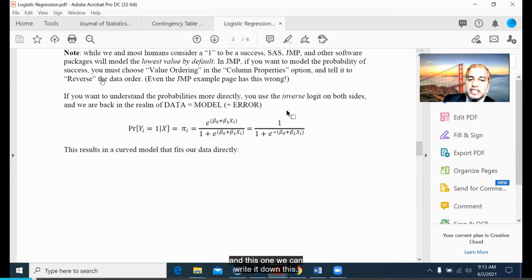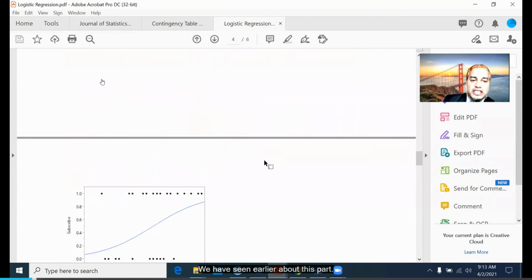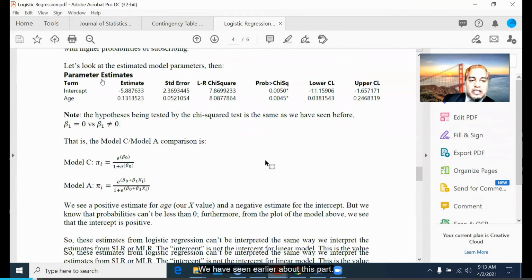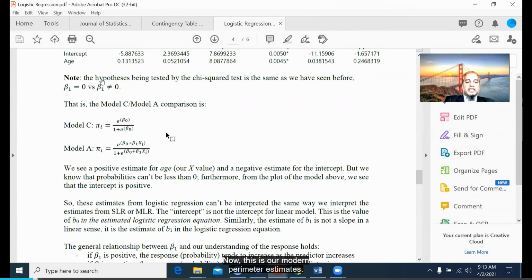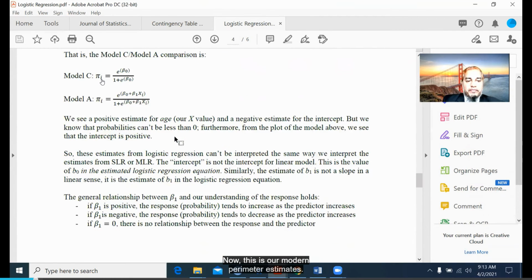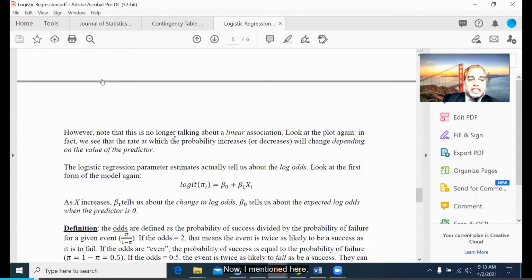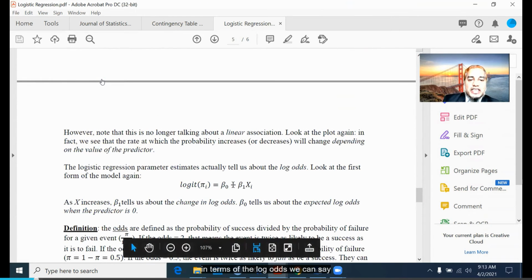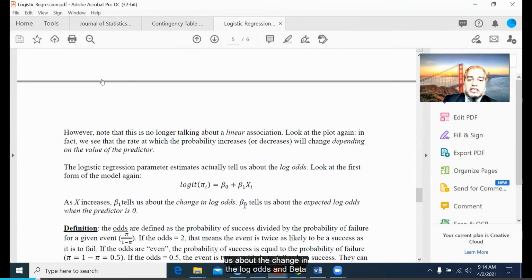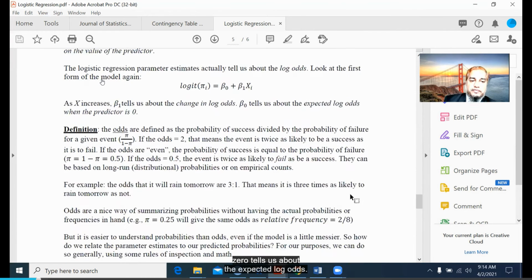We have seen this part earlier. Now these are our model parameter estimates. If we say in terms of the log odds, as x increases, beta 1 tells us about the change in the log odds, and beta 0 tells us about the expected log odds.